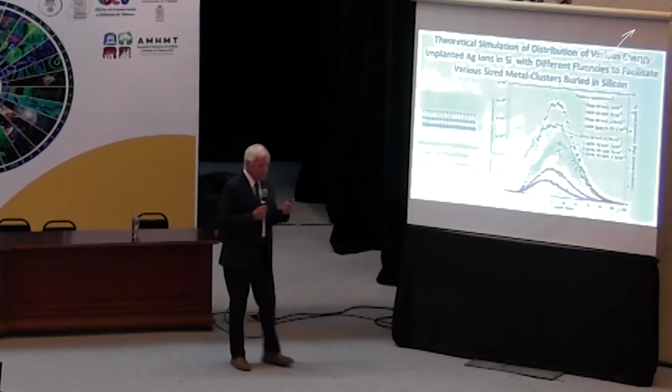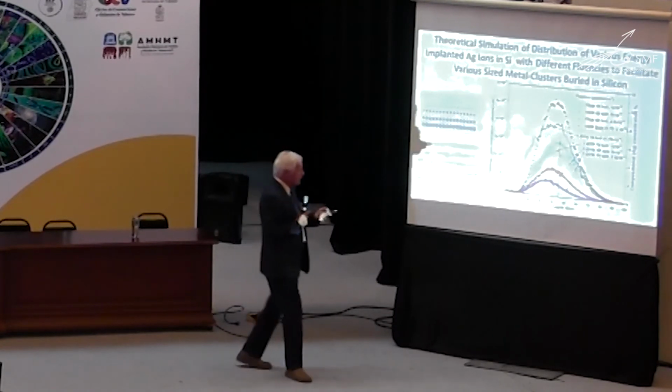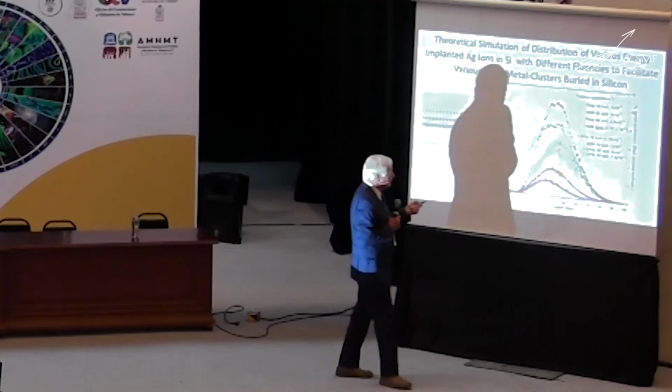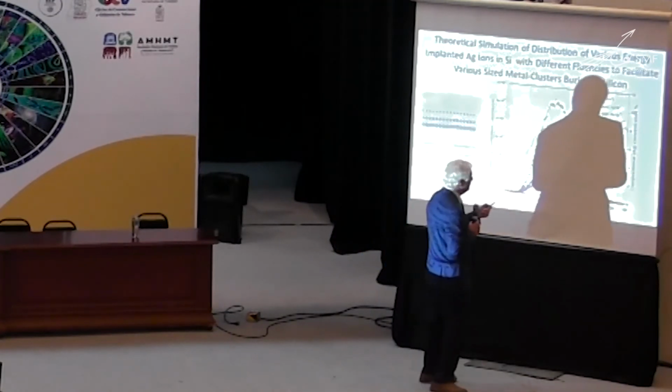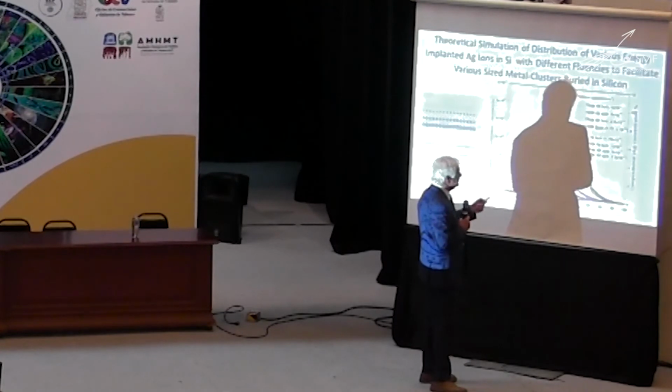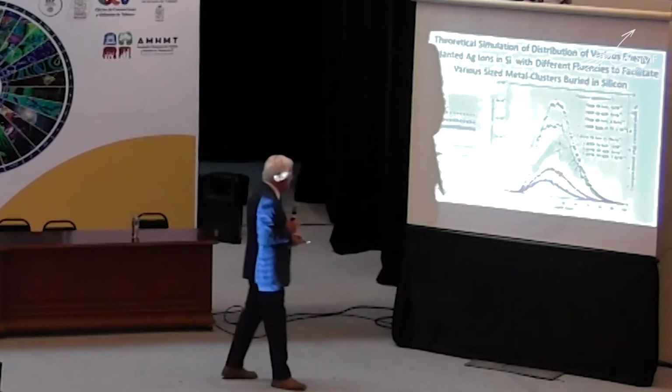And they had to be done at different fluences. I can hardly read the fluence here. It looks like this is 10 to the 16, 2.5 times 10 to the 15, and this is 1.7 times 10 to the 15. I can hardly read it even myself up here.